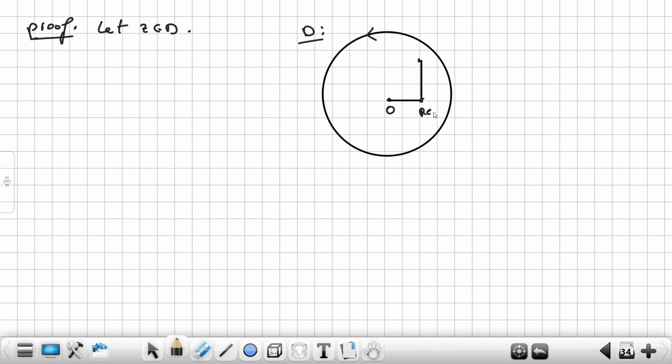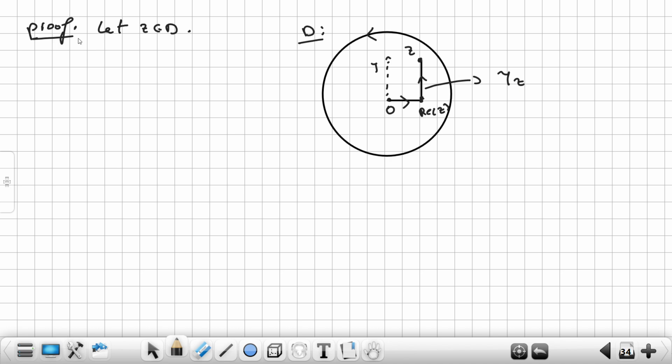So here is re z, here is z. Go from 0 to re z, and then from re z parallel to the y-axis. And call this curve gamma z.